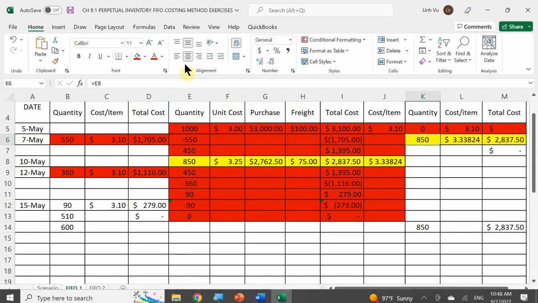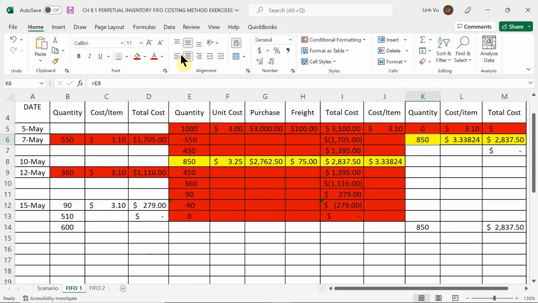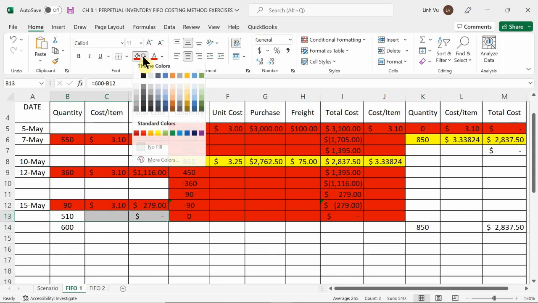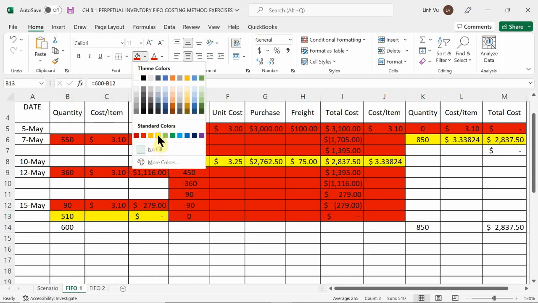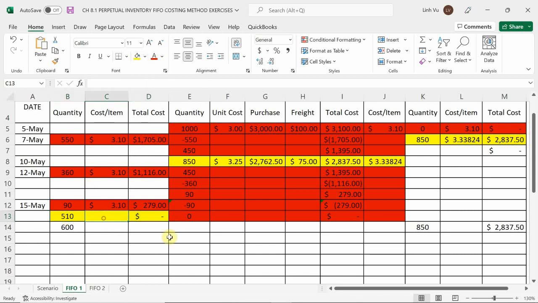My yellow batch of inventory, I have only one left. And this one came from my red batch of inventory. So if this one's my yellow batch, I need to sell 510 units from my yellow batch of inventory. Currently, what is my cost per item? 3.33824.